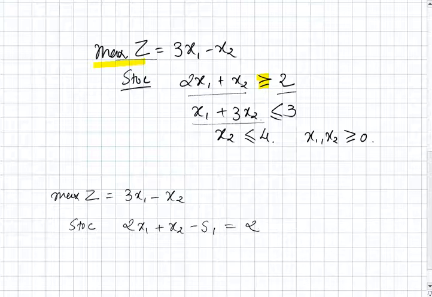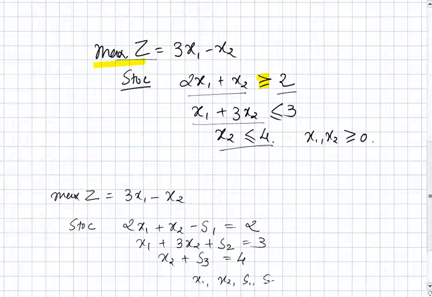The second constraint is already of less than or equal to type, so we have x1 plus 3x2 plus s2 equals 3. The third constraint is also of less than or equal to type, so x2 plus s3 equals 4. Here x1, x2, s1, s2, s3 are all greater than or equal to 0.